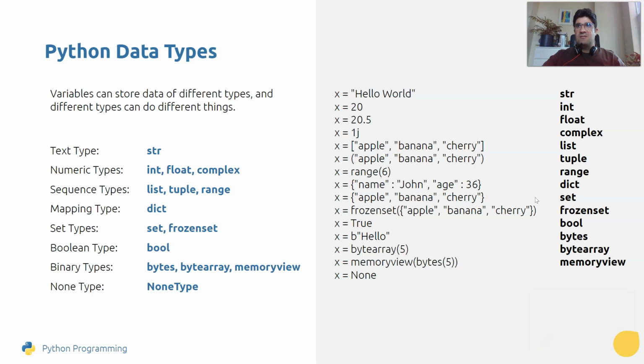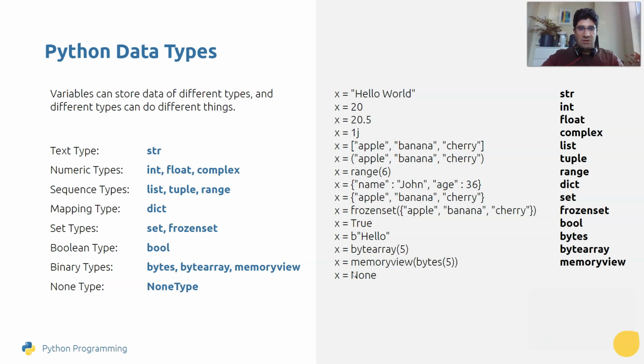We have the set, so a set is a group of unique values. We cannot store duplicate values in the set or frozen set. Boolean, they can always be true or false. Bytes, byte array, as you can see, and memory view, and finally the none data type.